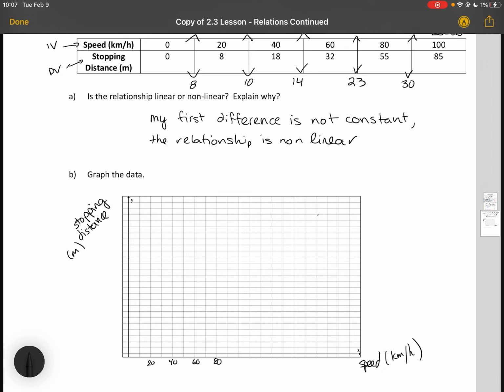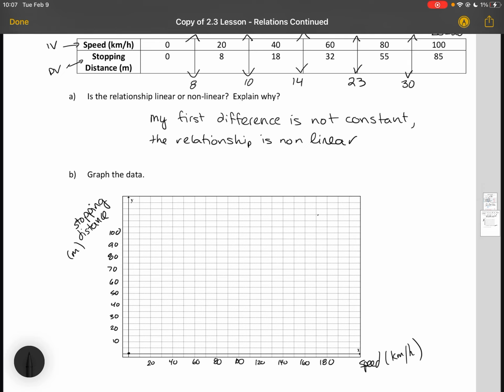So 20, 40, 60, 80, 100, 120, 140, 160, 180, all the way over there. And then on my x-axis, well, let's go up by 10s here. So 10, 20, 30, 40, 50, 60, 70, 80, 90, 100, and we'll stop there.